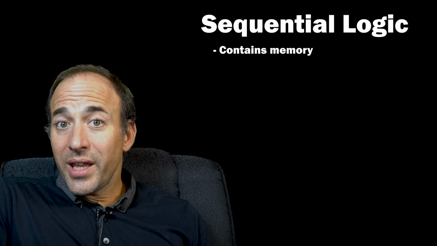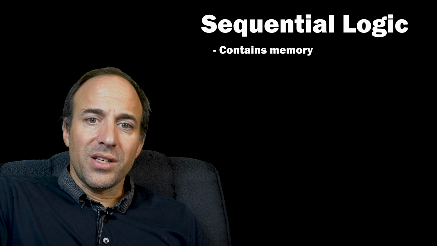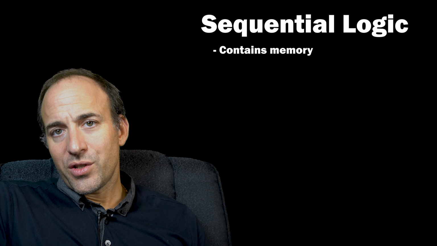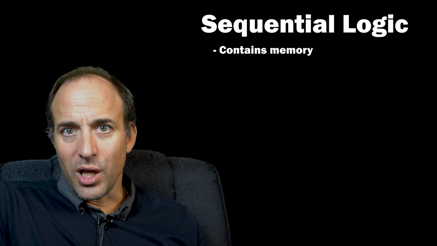A few lectures ago, I introduced methods to build sequential logic using SystemVerilog. To quickly recap, sequential logic is logic that contains memory, and SystemVerilog offers a concise way to represent sequential logic.